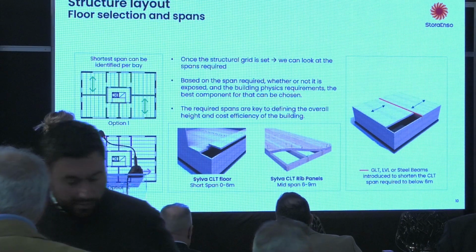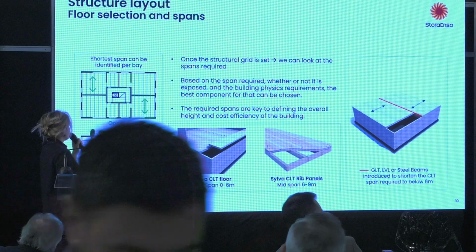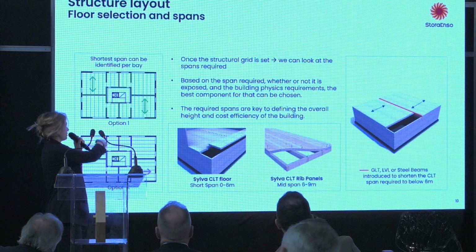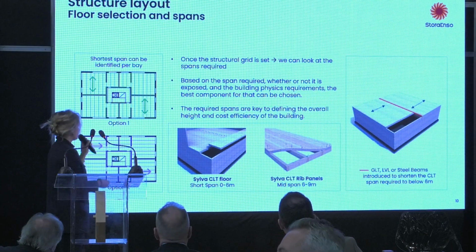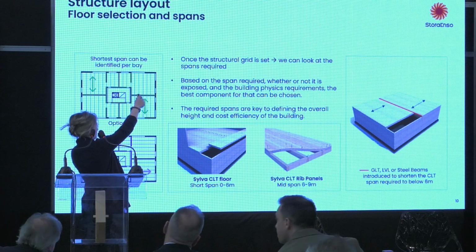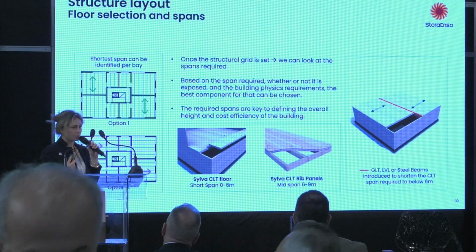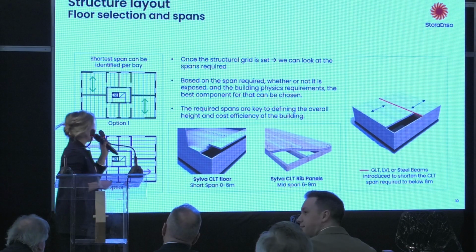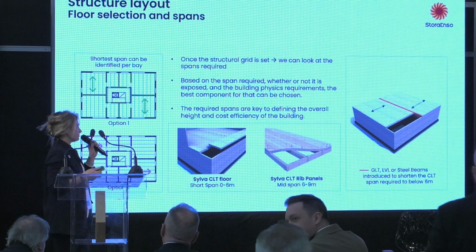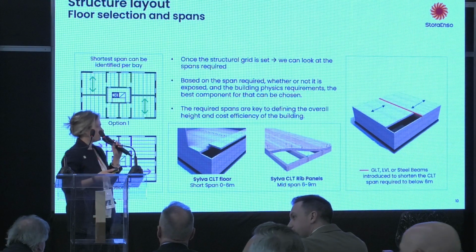Then, having identified the structural load-bearing wall positions, you can select the direction of the bay. In this case, you can select if you want to put the CLT panel in this direction or in this direction, depending on the size of the span. As I said, under 6 meters, you can use a CLT panel.